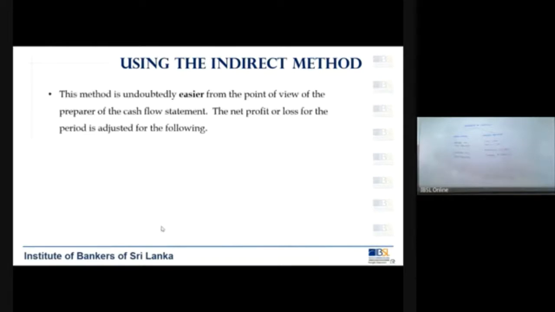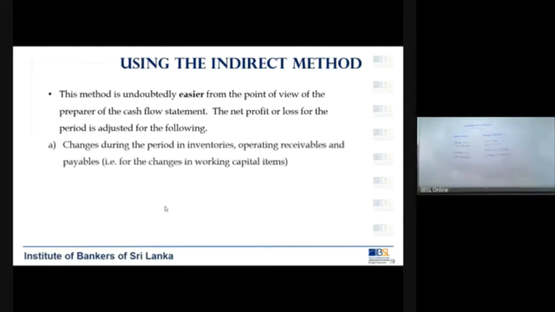This method is undoubtedly easier from the point of view of preparing the cash flow statement. So very simple, you take the net profit or loss for the period and you adjust for the following. Now you have to be very careful. You have to understand this part very clearly. What are they saying? Changes during the period in inventories, operating receivables and payables.